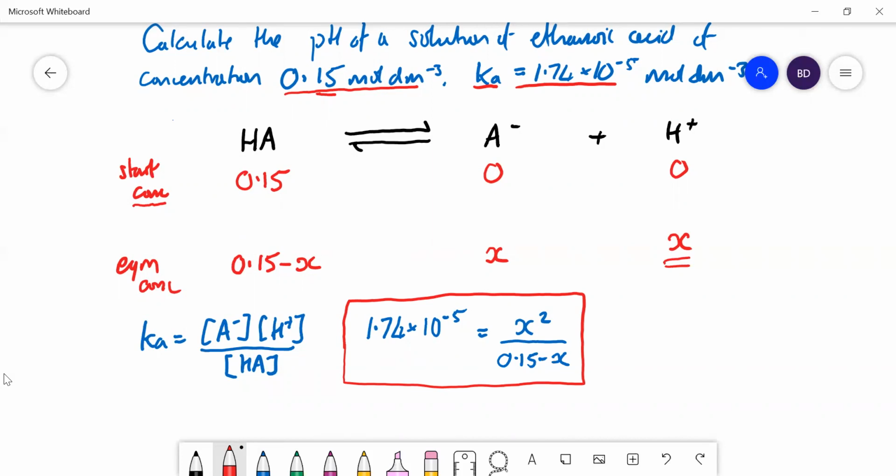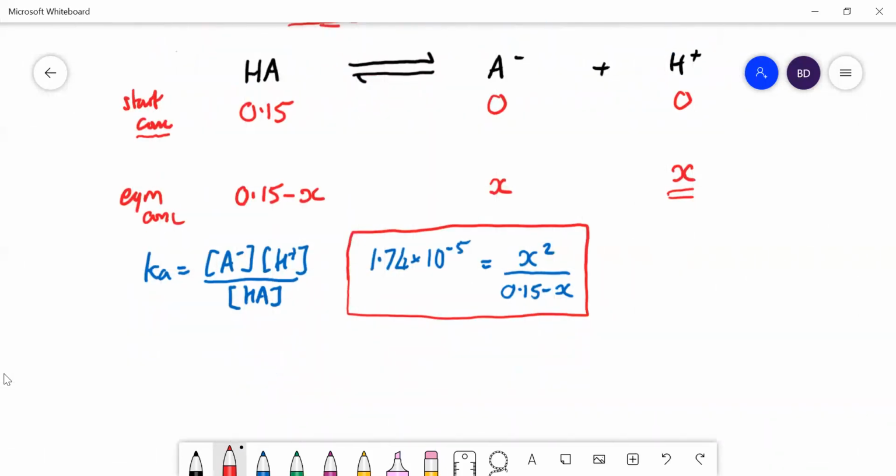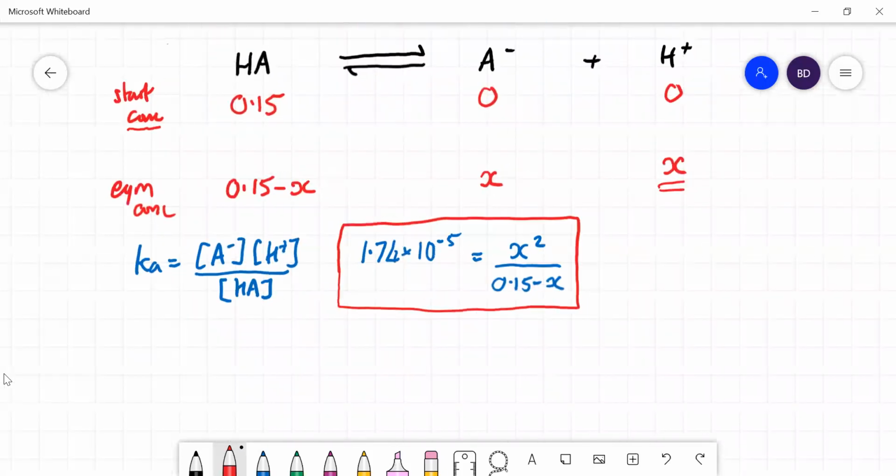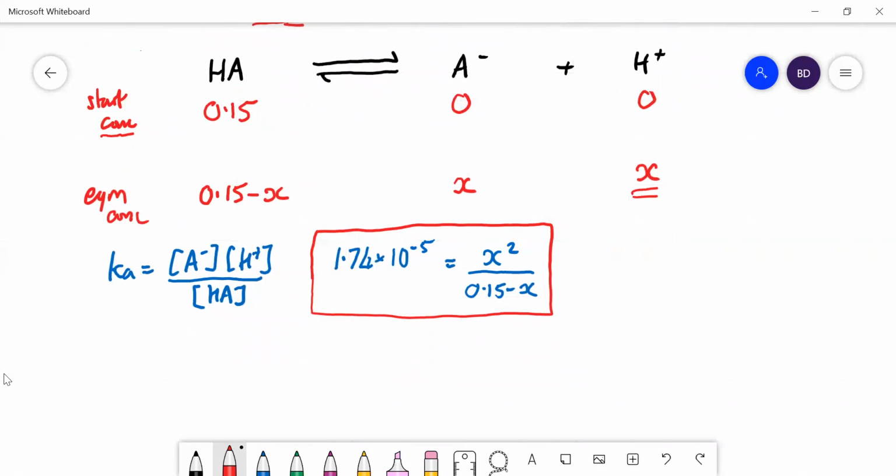If you expand that out, you're going to end up with a quadratic equation, which is a bit of a pain to solve. So there's an approximation which is perfectly valid, and you can check that it makes no difference to the final answer you get. Because it's a weak acid, this value of X is tiny compared to 0.15. It's very, very small.